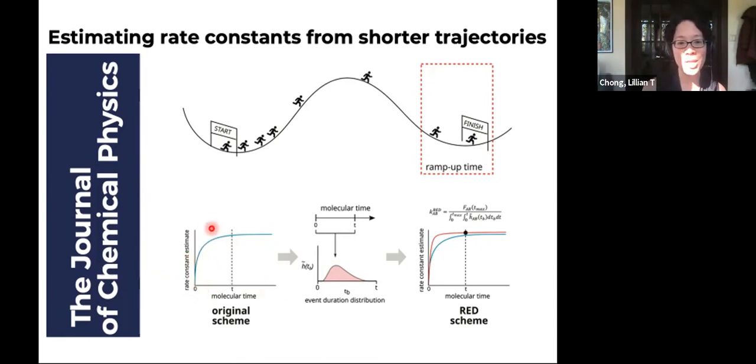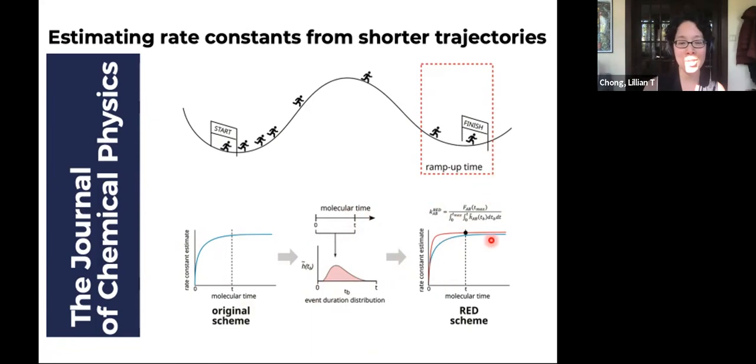In this transient region, we usually leave it out in our calculation and only focus on the part that has leveled off, that has reached a steady state. We could actually utilize the full simulation, including that transient region, if we incorporate the distribution of transition times, that is, the times for making it from the initial to the target states. So using this equation here, we're normalizing essentially by this distribution of transition times.